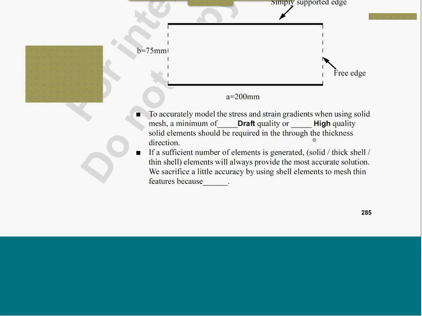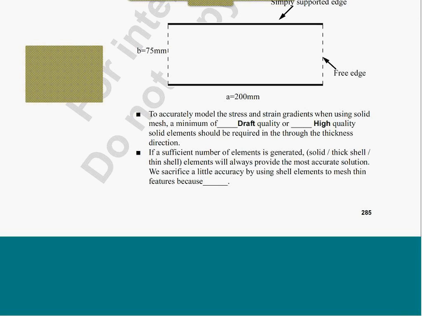Understand, the nodes, so it's a high quality thing in itself. It has 3 nodes. Assume there is one more element. What we are getting is 1, 3, 4, 5 nodes, and that looks good. So at least 2 elements for high quality and at least 3 elements for draft quality. So this again is a rule of thumb. For more accuracy, we might need more. But as per theory or as per common guidelines, this is what it should be.